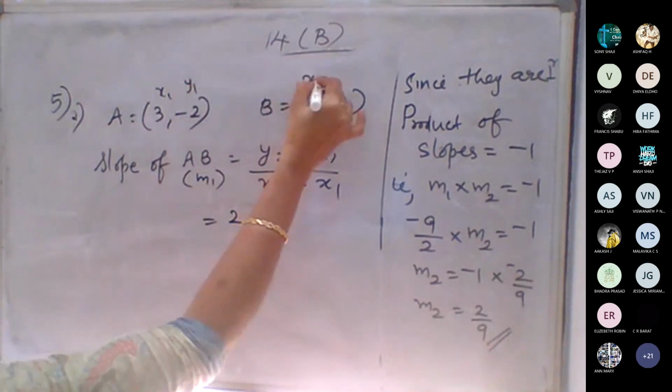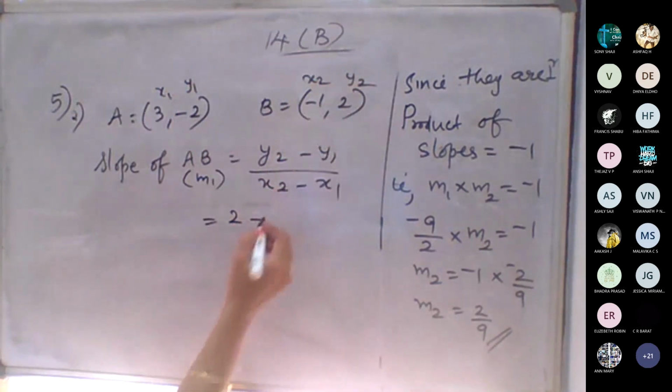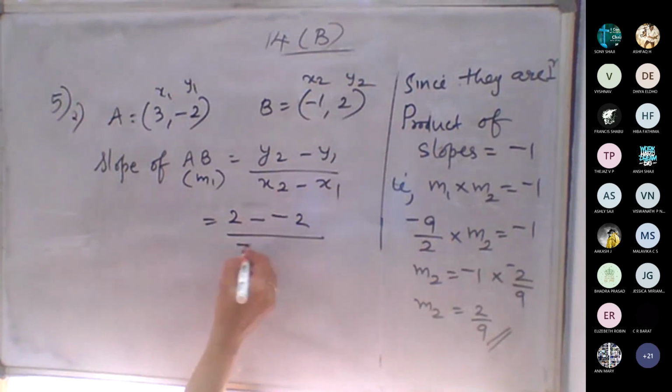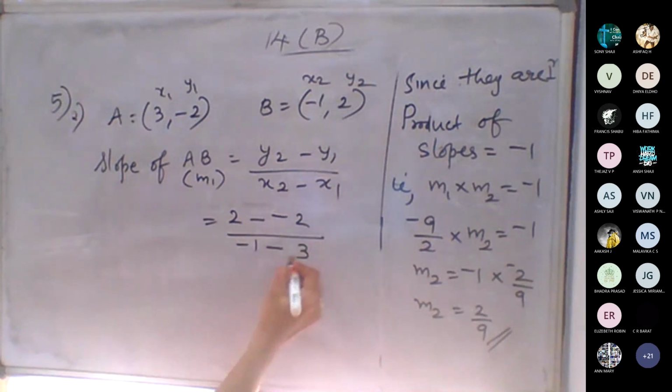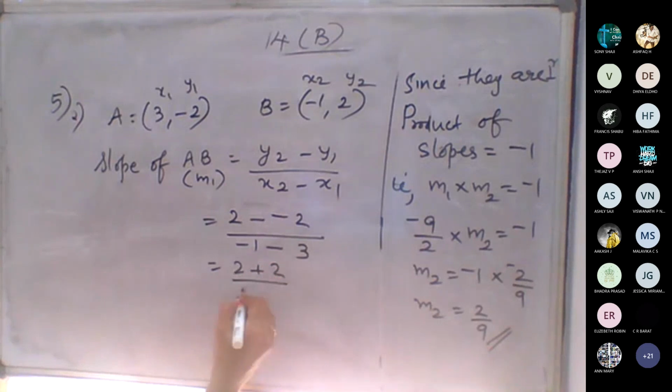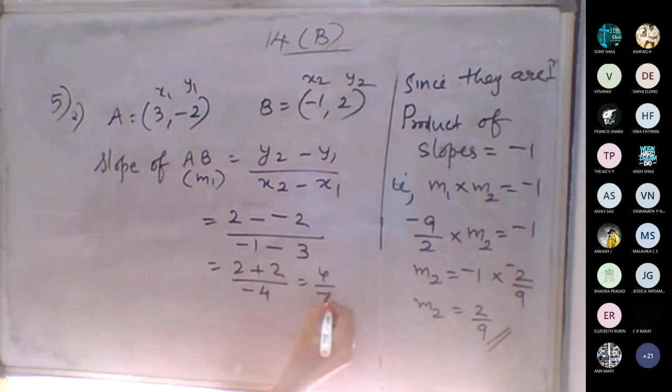Y2 minus y1 divided by x2 minus x1. So 2 plus 2 divided by negative 4, that is 4 by negative 4, which is equal to negative 1.